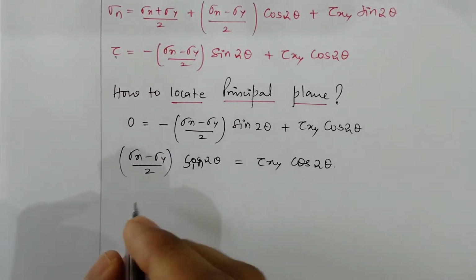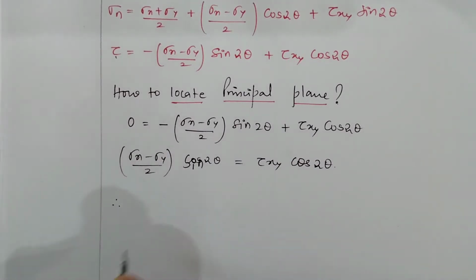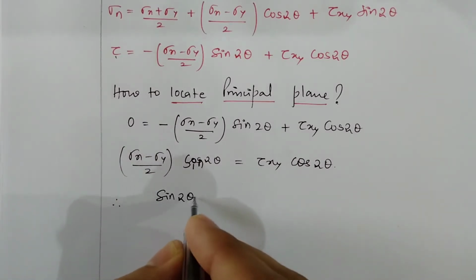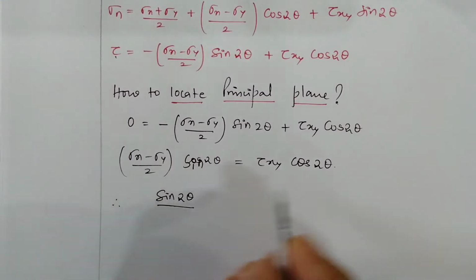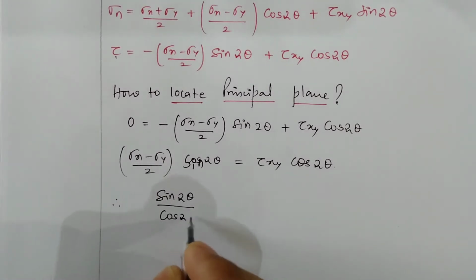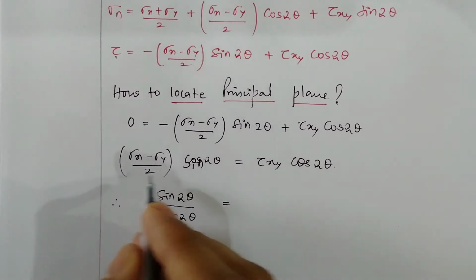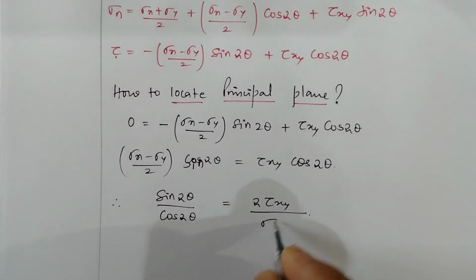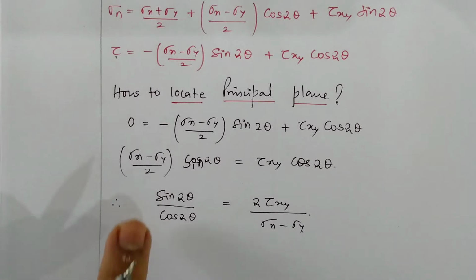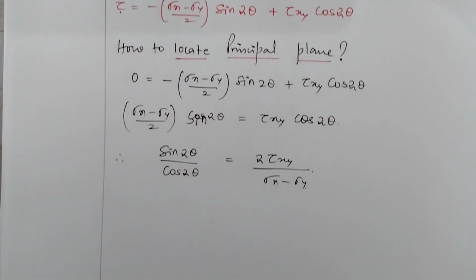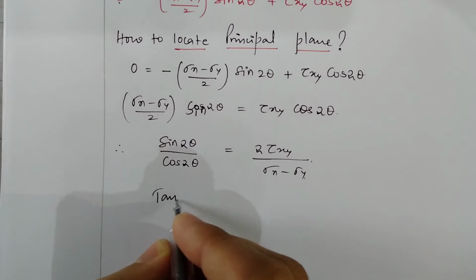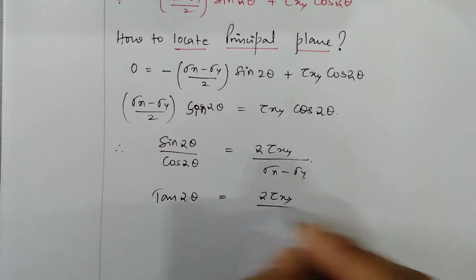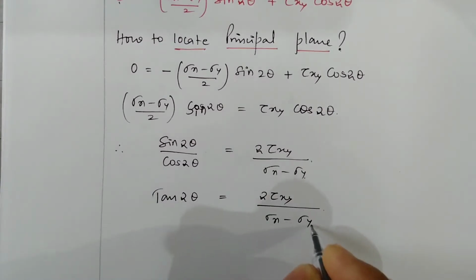Therefore, sine 2 theta divided by cos 2 theta is equal to, you multiply this onto that side, 2 tau xy divided by sigma x minus sigma y. So sine divided by cos is tan. So it is tan 2 theta is equal to 2 tau xy divided by sigma x minus sigma y.